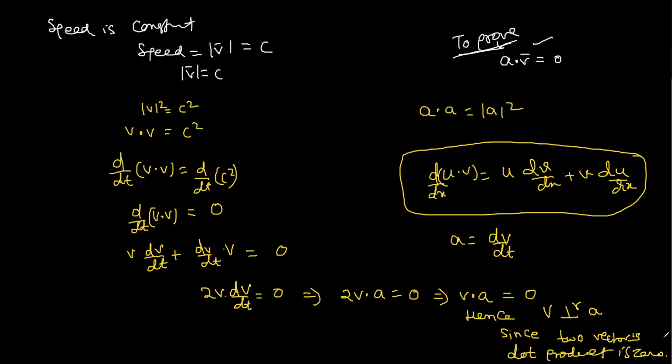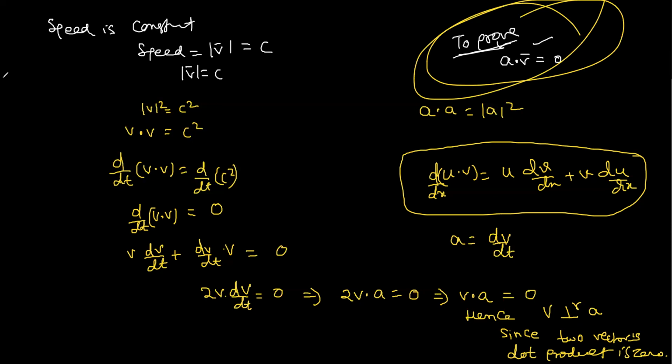And this you had to prove. I think you have understood, right? When speed is constant, acceleration cannot increase or decrease the speed. It only changes the direction of motion. So this is question number 5.